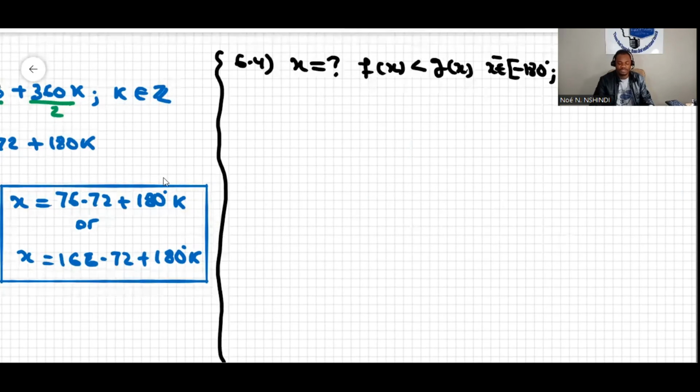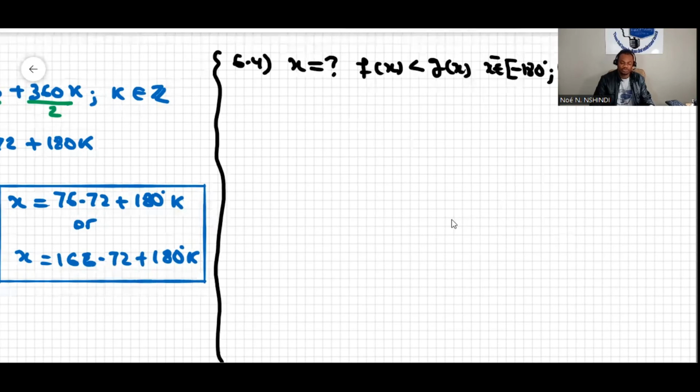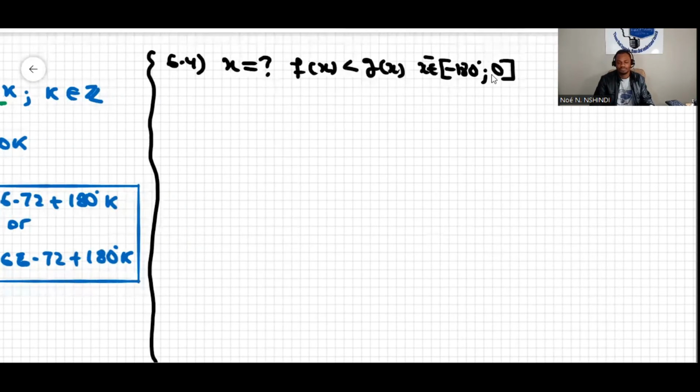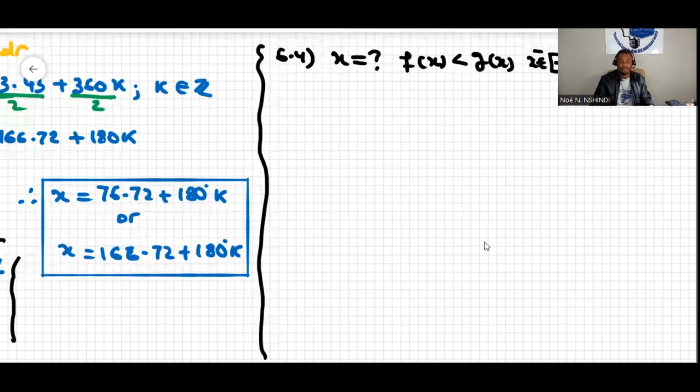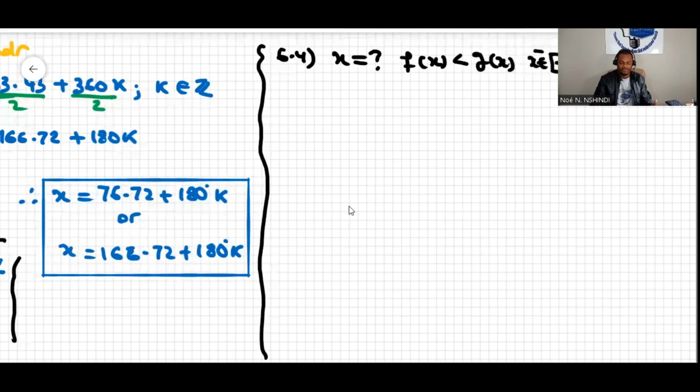If k has a value of 0, then that's going to be 76, which is also beyond the interval. Then I must take a negative number, like -1. If I sub in -1 by k, what we will get is 76 minus 180 degrees.